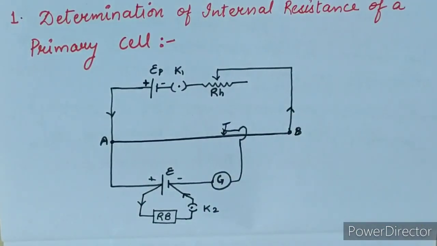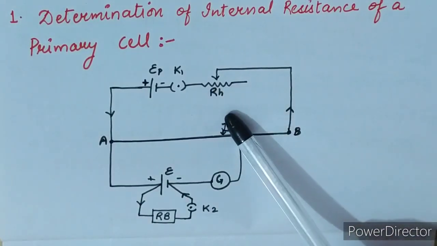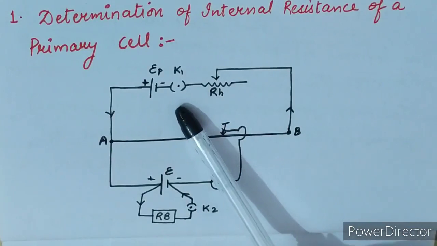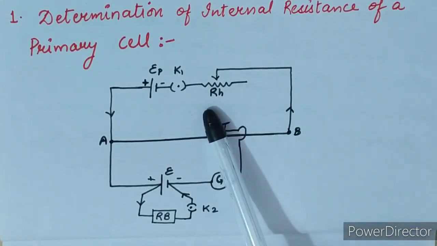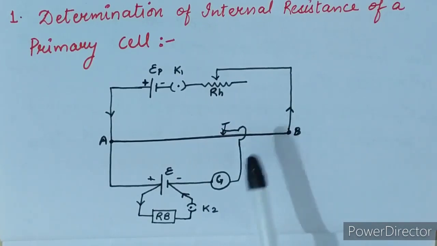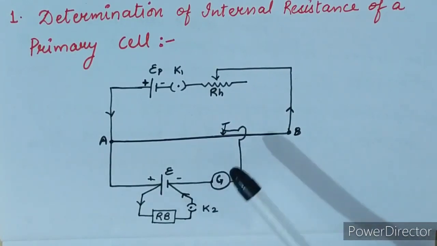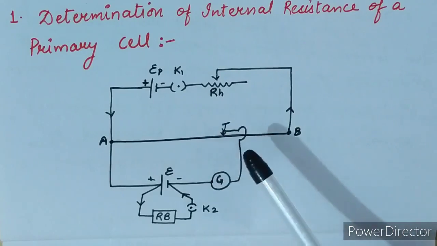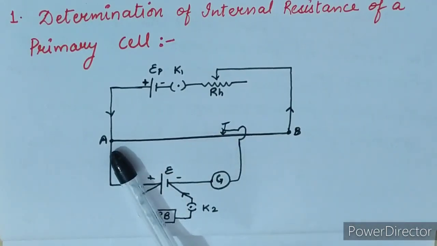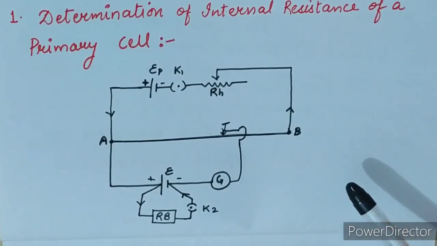Clear? Now, in this circuit arrangement, the primary circuit is made by joining a battery of EMF EP, rheostat RH and a plug key K1 in series with the potentiometer wire. To make the secondary circuit, the positive terminal of the cell whose internal resistance is to be measured is connected to the higher potential end A of the potentiometer wire, and the negative terminal to the sliding jockey through the galvanometer.